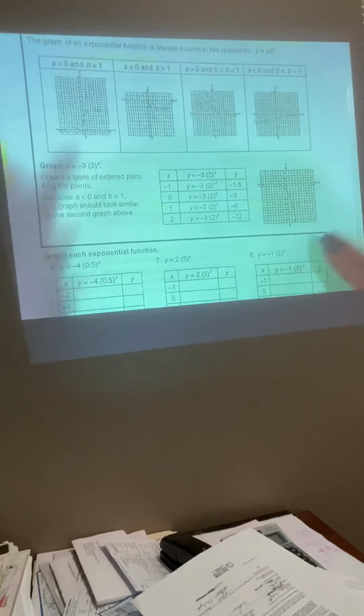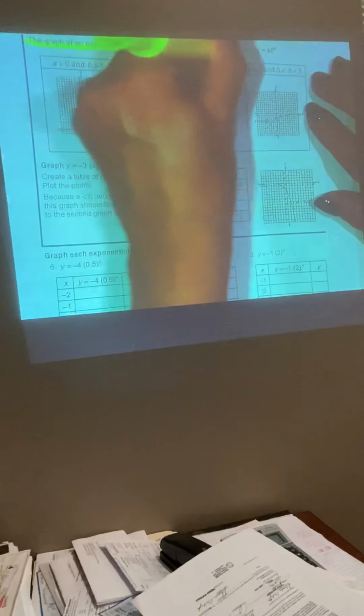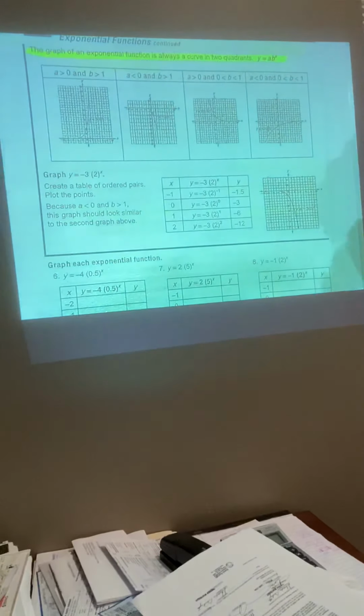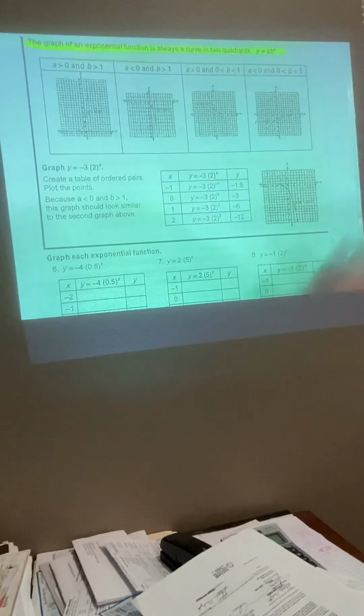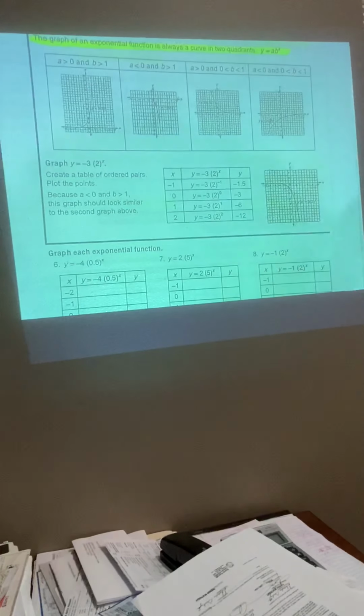What's really important is that the graph of an exponential function is always in two quadrants. Now I know these aren't the best of graphs, but if you look closely, maybe we can highlight here with different colors. The graphs go in two quadrants.